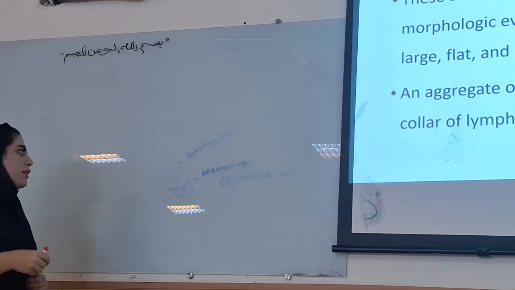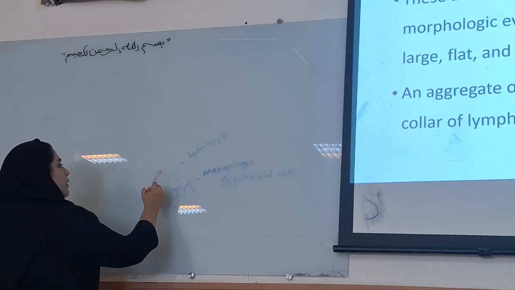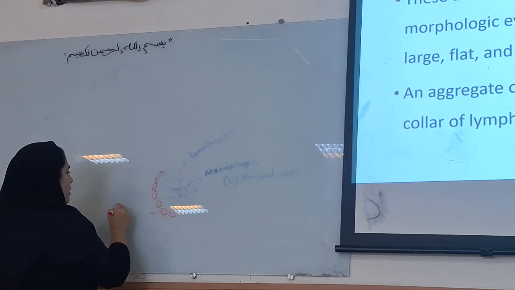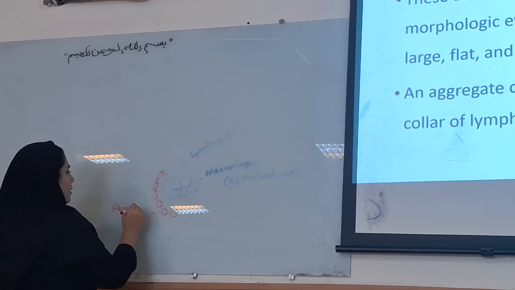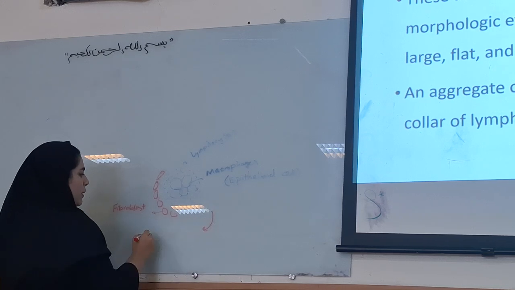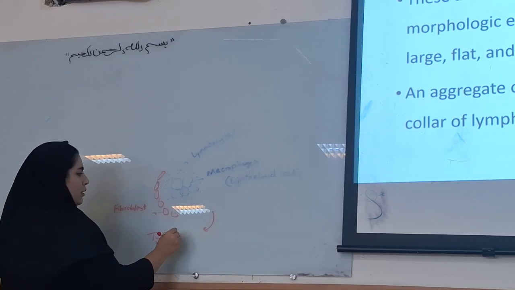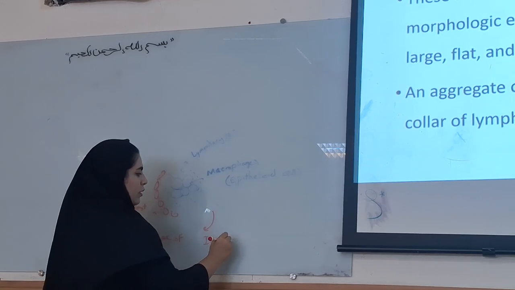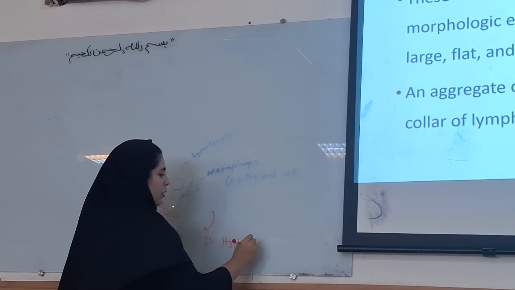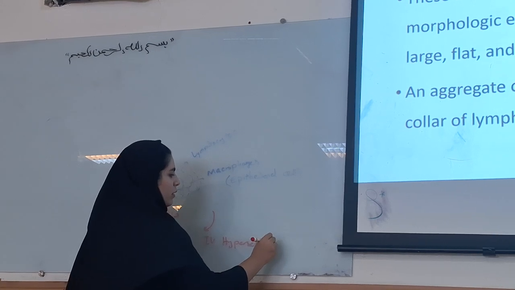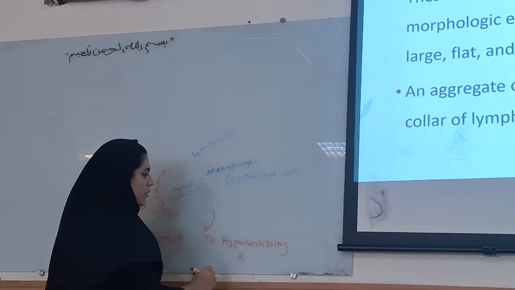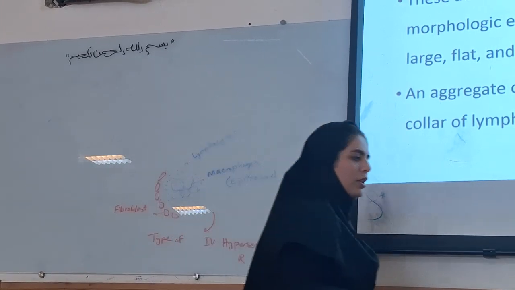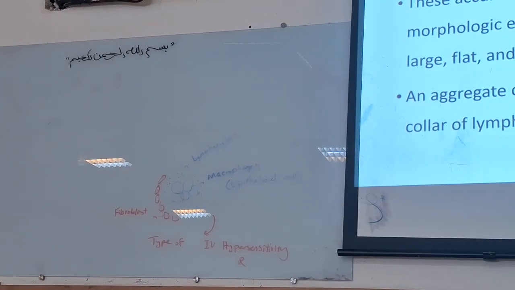And around this, you have fibroblasts. It is a kind of type 4 hypersensitivity reaction, granuloma.